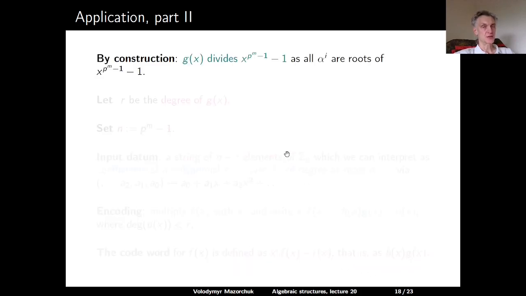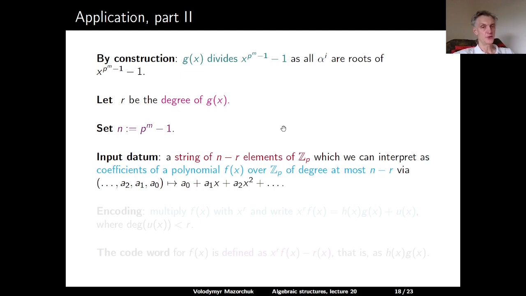So by construction, our polynomial divides x to the power p to the power m minus 1, minus 1, because all powers of alpha are roots of this polynomial. Let r be the degree of g of x, so of course it depends on d heavily. Let n be p to the power m minus 1.